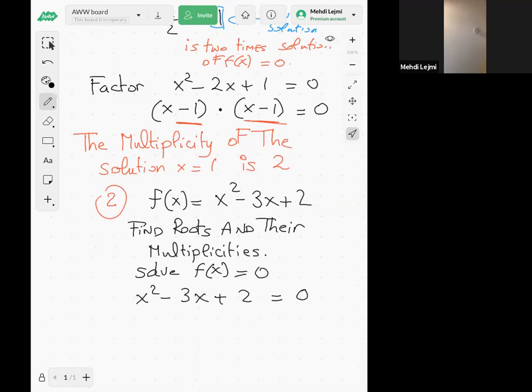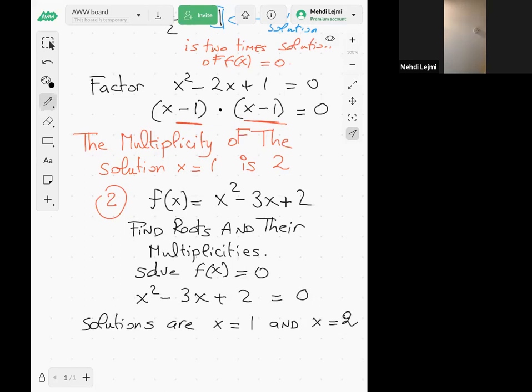If you use the quadratic formula, the solutions are x equal to 1 and x equal to 2.